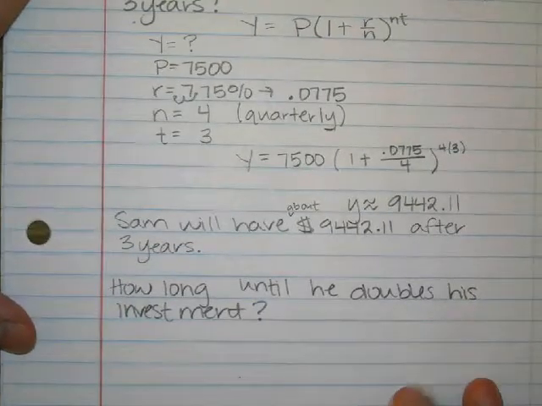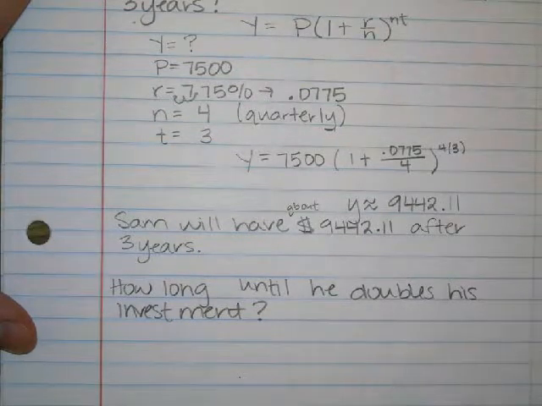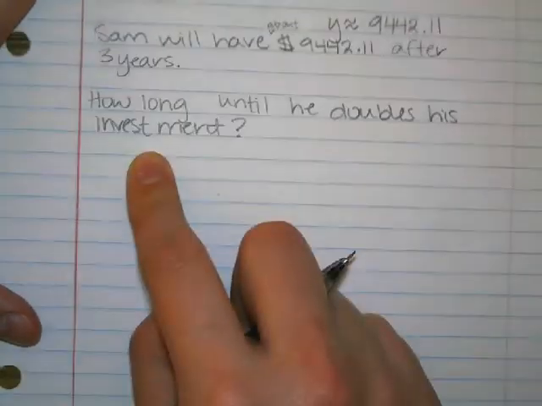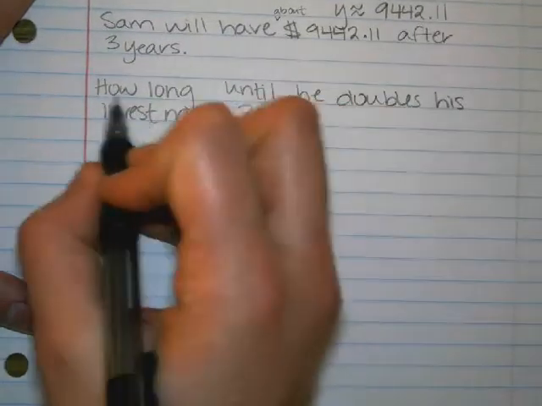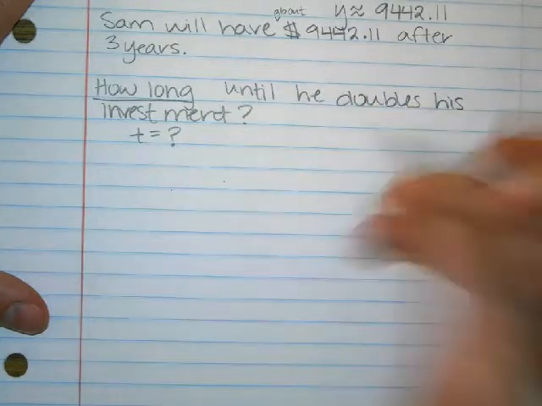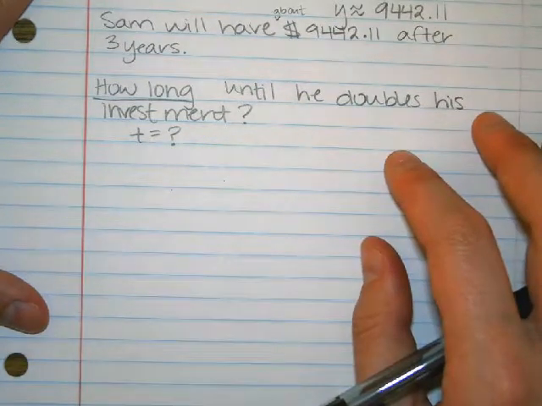How long until he doubles his investment? That's 7,500 times. So what is the variable we're solving for this time? T. And we know that we're solving for t because they asked the question how long, and t is the variable that represents time. So t is what we are asking.